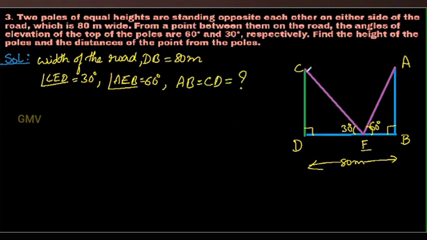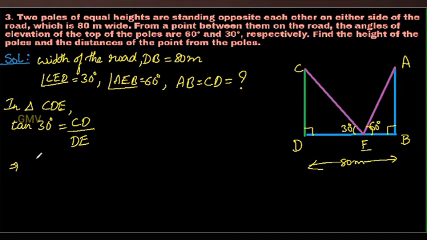So let us take the triangle CDE. So in triangle CDE, now let us take tan 30 degree. Tan 30 degree is equal to opposite is CD by adjacent means DE.